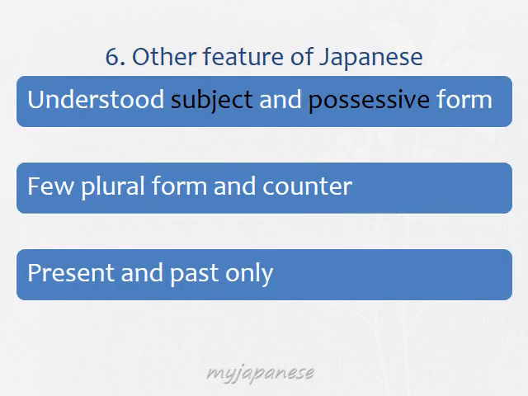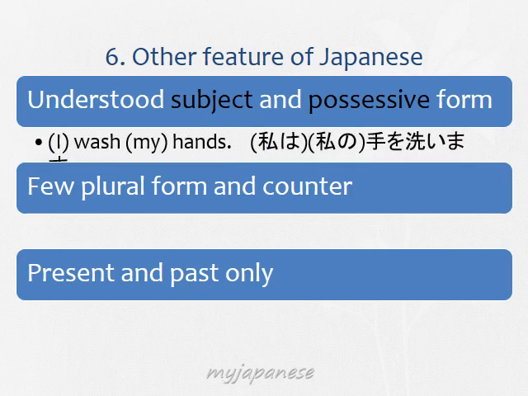Number 6. Other features of Japanese. First, omit understood subject and possessive form. Japanese tend to avoid using the same word repeatedly. For example, let me translate this sentence. I wash my hands.